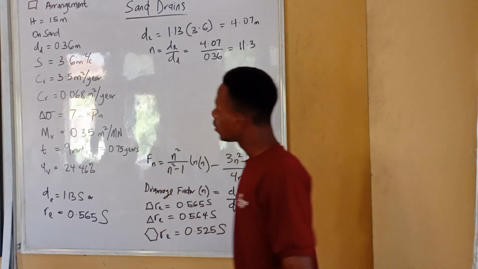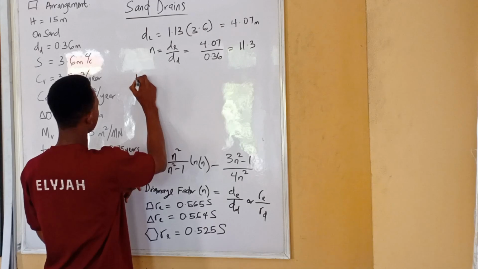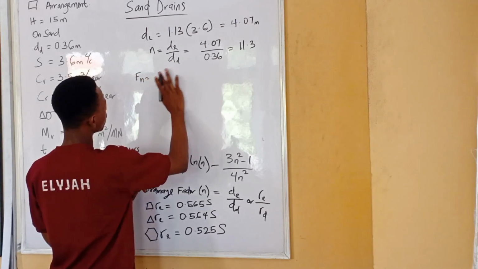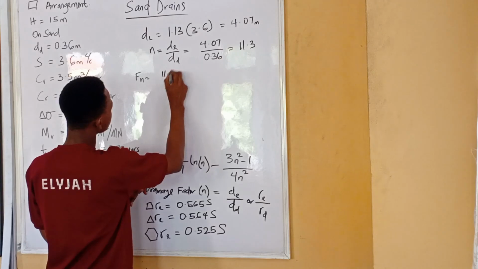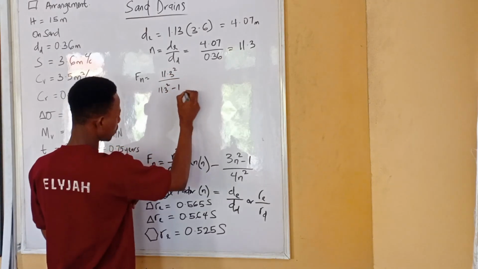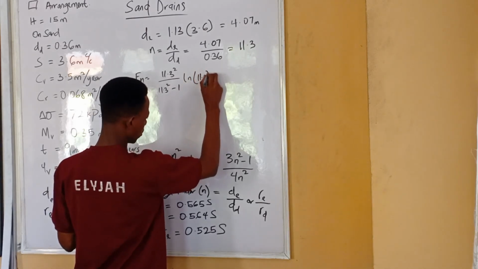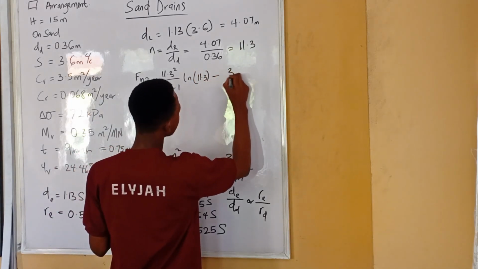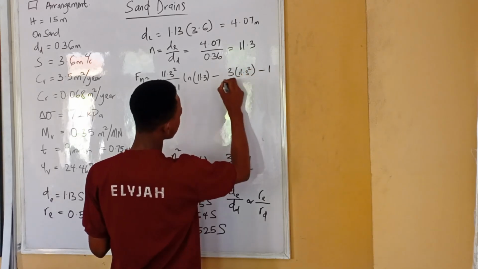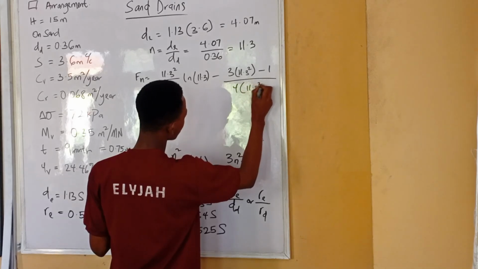FA, right? Let's just put it inside the formula. N squared, 11.3 squared divided by 11.3 squared minus 1. Then 11.3 minus 3, 11.3 squared minus 1 over 4, 11.3 squared.